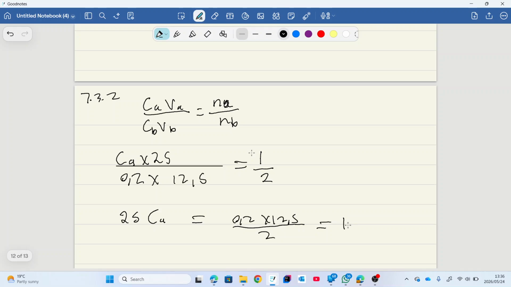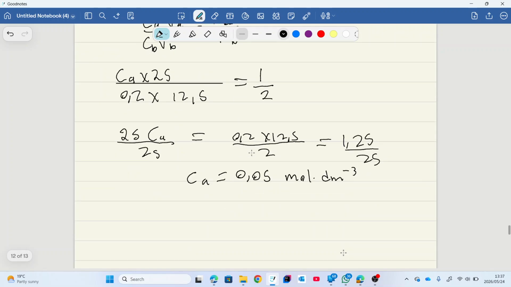I've got 1.25 divided by 25. Ca equals, for some reason I got 0.05 mole per cubic decimeter.